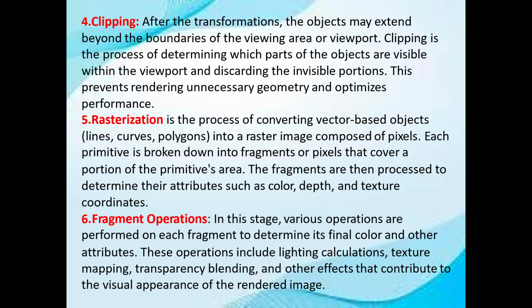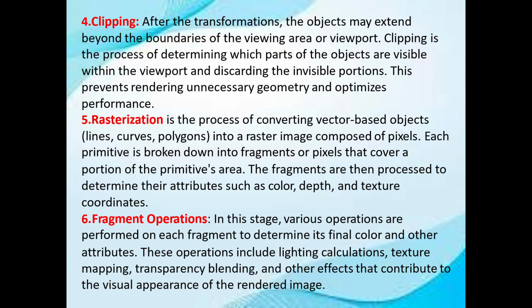Rasterization. In the process of converting a vector-based object into a raster image composed of pixels, each primitive is broken down into fragments or pixels that cover a portion of the primitive's area. The fragments are then processed to determine their attributes such as color, depth, and texture coordinates.